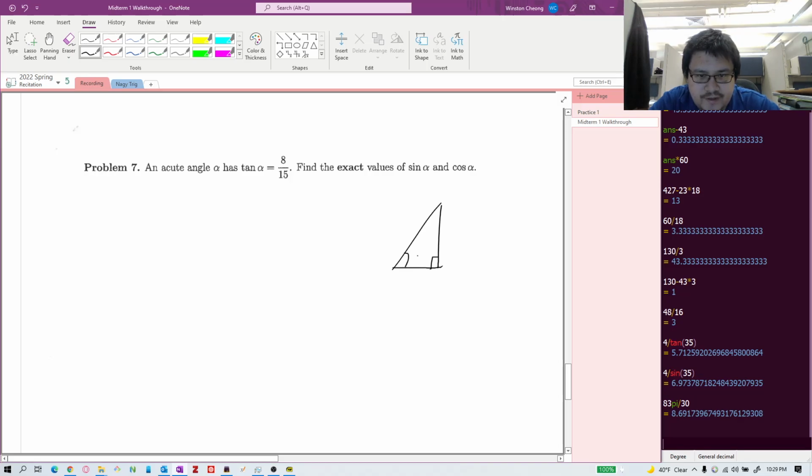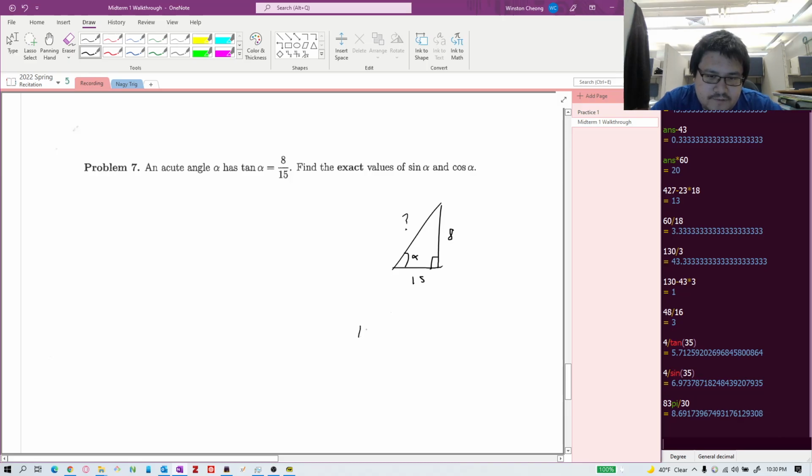The angle is called alpha, so I'm going to mark this as alpha. Tangent is opposite over adjacent, so 8 should be my opposite side, 15 should be my adjacent side. Then I'm left trying to figure out the hypotenuse.